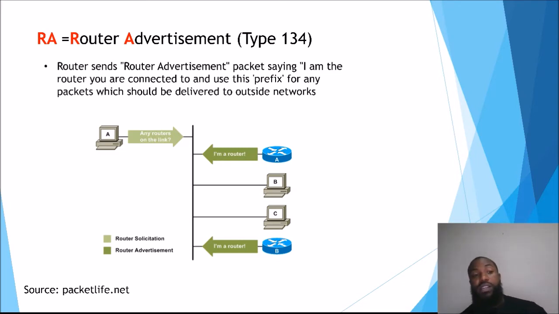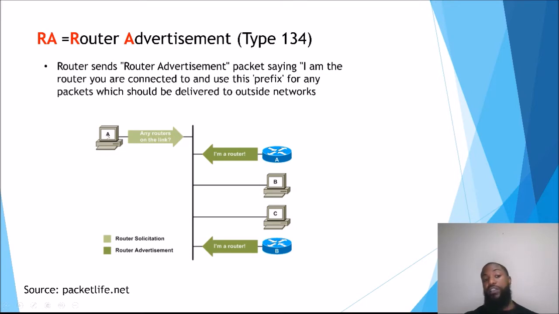As you can see, host A right here says, are any routers on the link? That's a solicitation. The answer is the advertisement from A and B. They say, I'm a router, I'm a router. So in this case, we've got 2 routers in our network.